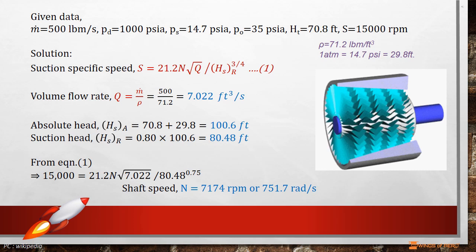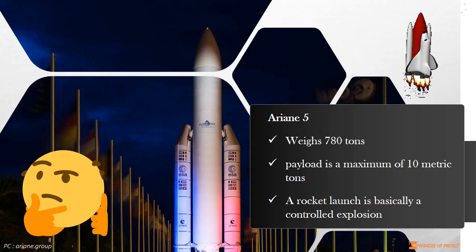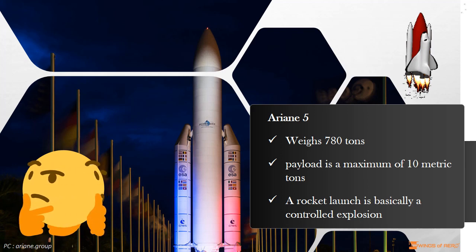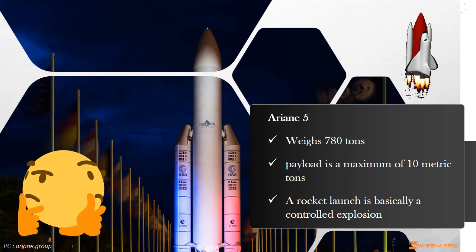Now substitute the suction specific speed, volume flow rate Q and the suction head values in equation number 1 and solve. We get the required shaft speed N is equal to 7174 revolutions per minute.